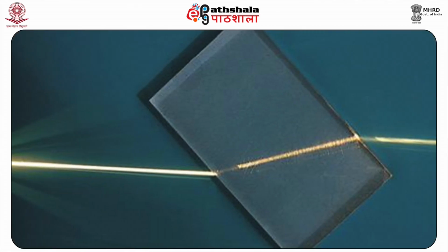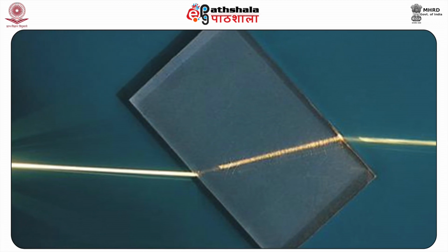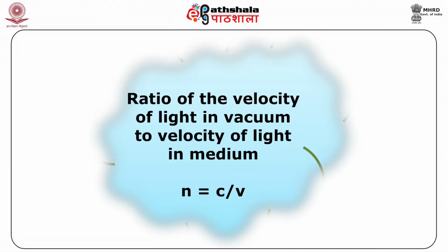Refractive index is a dimensionless quantity which is characteristic of an optical medium and is defined as the ratio of the velocity of light in vacuum to the velocity of light in the medium, that is, n equals c by v, where n is the refractive index of the medium, c is the velocity of light in vacuum, and v is the velocity of light in the medium.